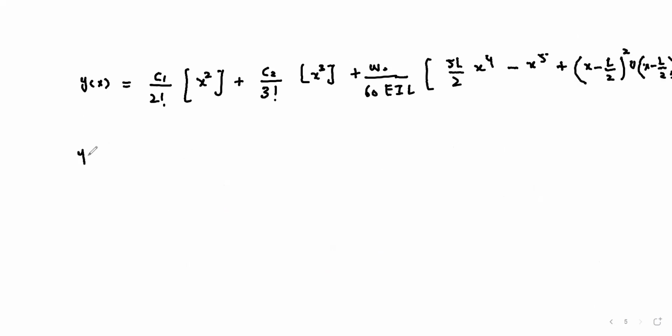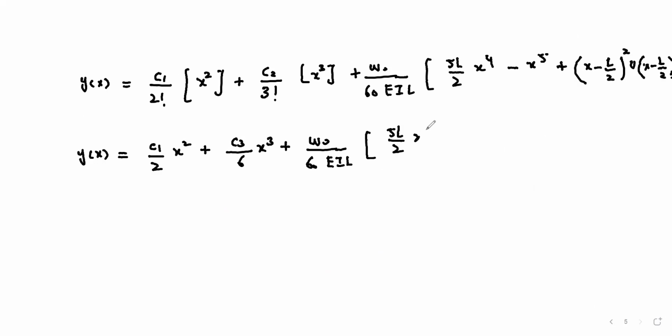And finally, we get y of x is equal to c1 by 2 x square plus c2 over 3 factorial, that is 6, x cube plus w naught over 60 EIL into 5L by 2 x raised to power 4 minus x raised to power 5 plus x minus L by 2 square u of x minus L by 2.